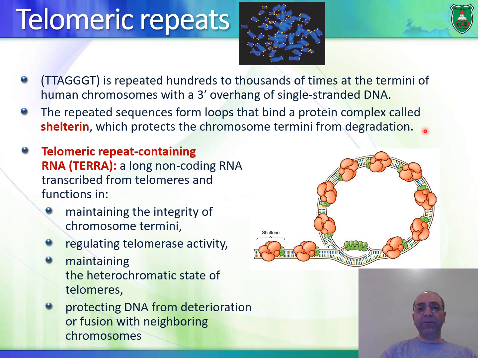And there is a 3' overhang. Right here at the end of the chromosome, that's where you have the lagging region being extended, right? So you have this extension right here that is created by the telomerase.